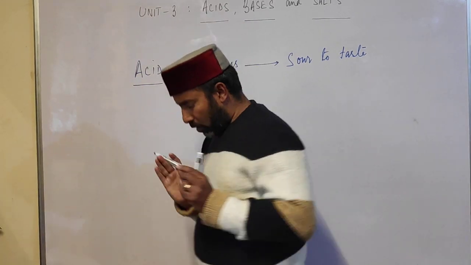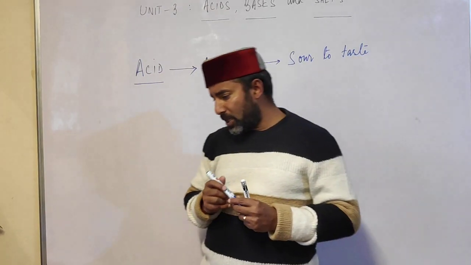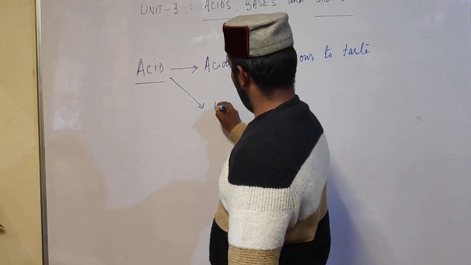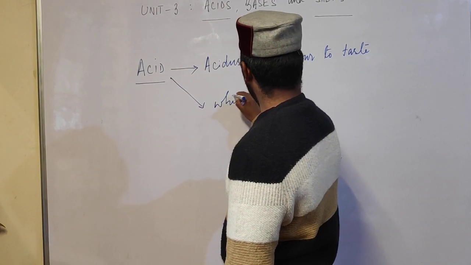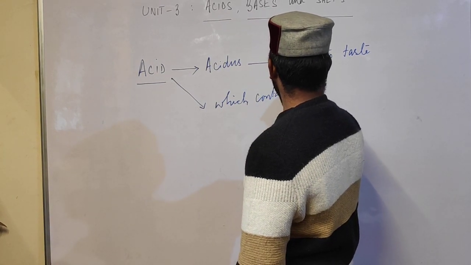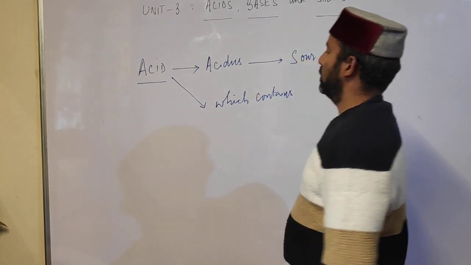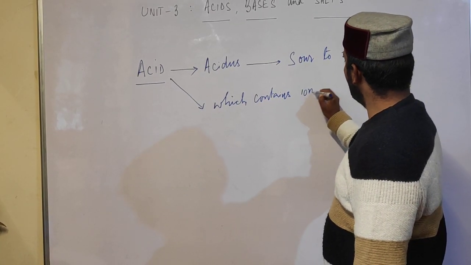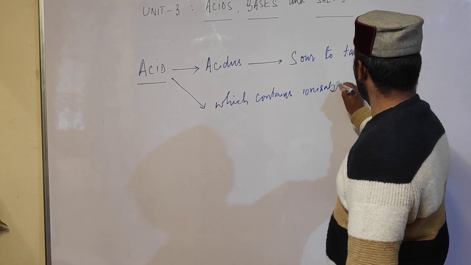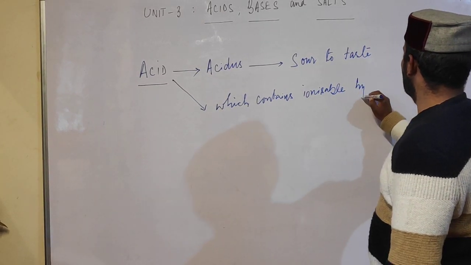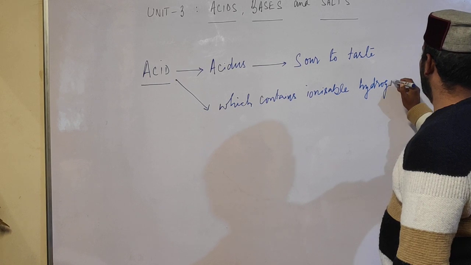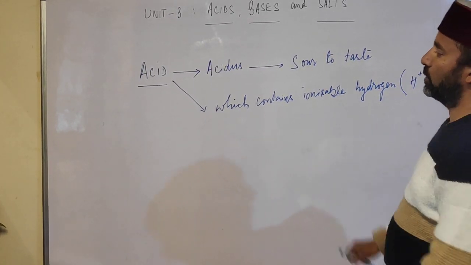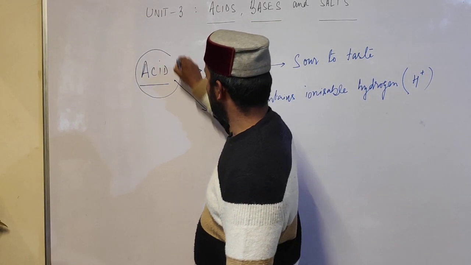Now, on the basis of chemical properties, we say acid is a substance which contains ionizable hydrogen, that is, any substance which can give H positive is called an acid.